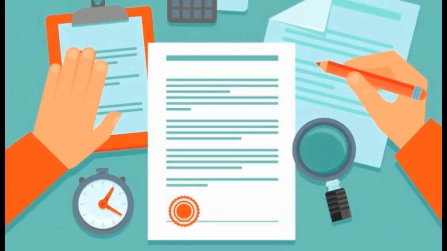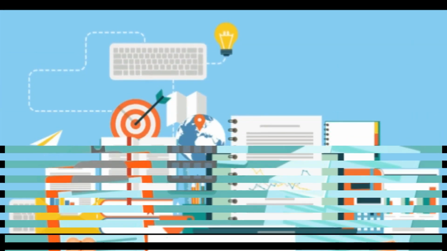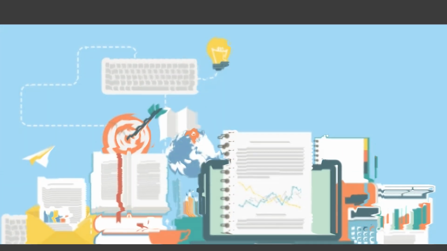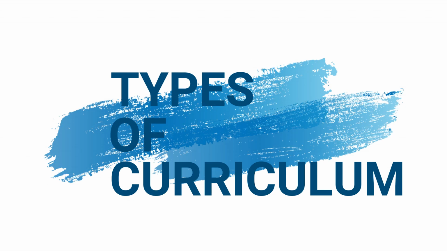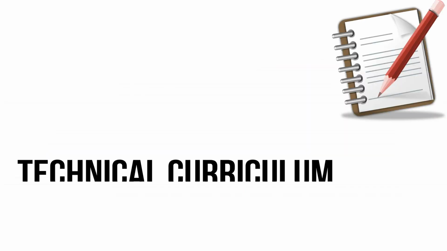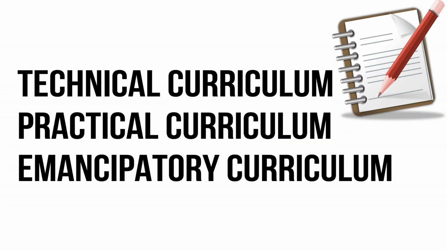However, it depends on the type of curriculum. Generally, talking about education, it has an ideological, socio-anthropological, epistemological, and pedagogical perspective. There are 3 types of curriculum, which are technical curriculum, practical curriculum, and emancipatory curriculum.